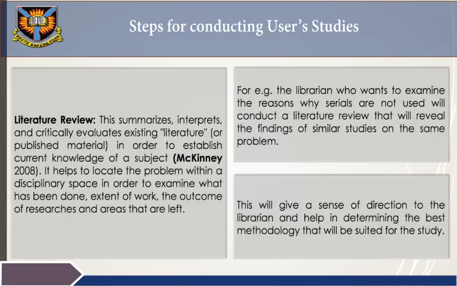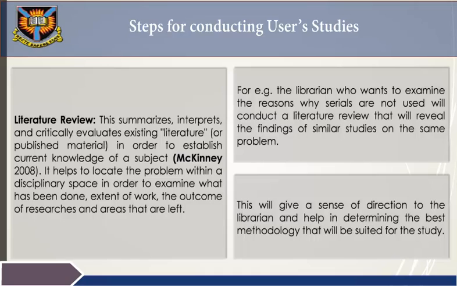Literature review. This summarizes, interprets, and critically evaluates existing literature or published material in order to establish current knowledge of a subject. It helps to locate the problem within a disciplinary space in order to examine what has been done, extent of work, the outcome of researches, and areas that are left.